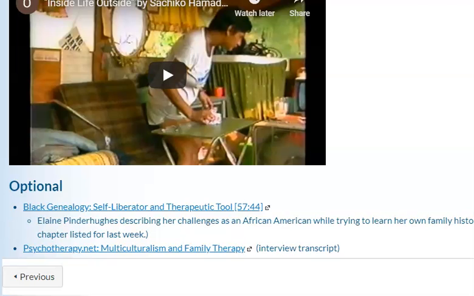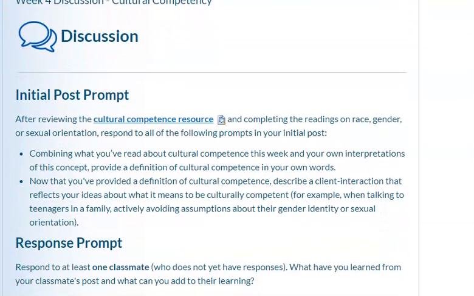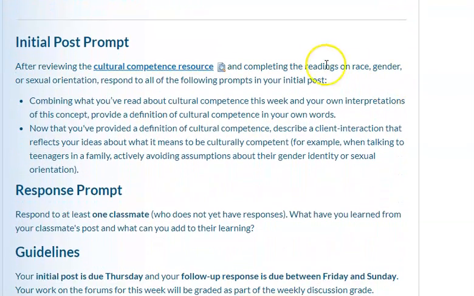Next, we get into the learning activities for this week. The first one is, after you've looked at that resource that I brought up earlier, and after completing the readings, you will combine what you've read about cultural competence and your own interpretations of this concept and provide your own definition in your own words.